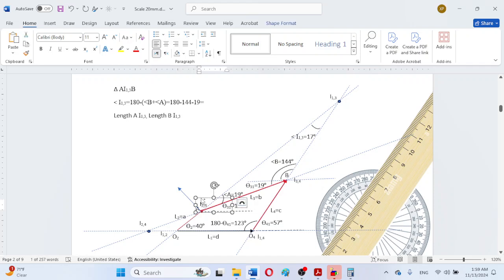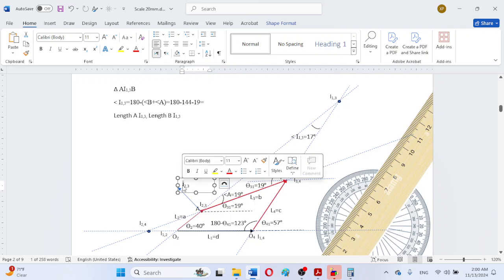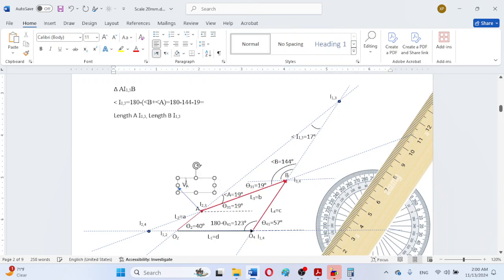So just copy any label and paste it here. Here just change it to v subscript a, like this. As we can observe, this va is now at point B, because that is common to both the bodies.